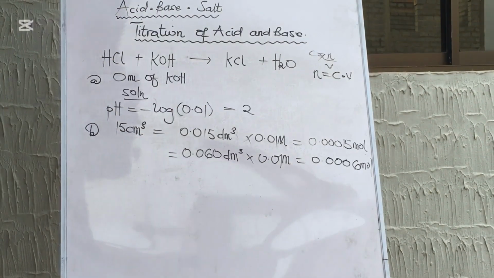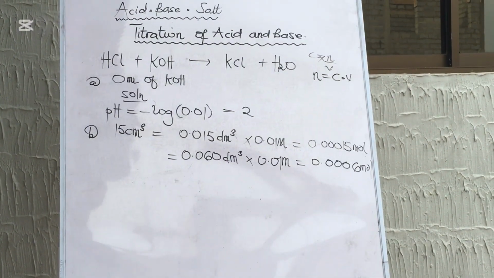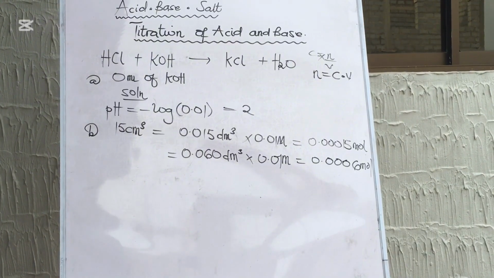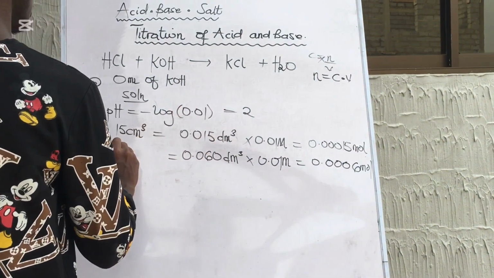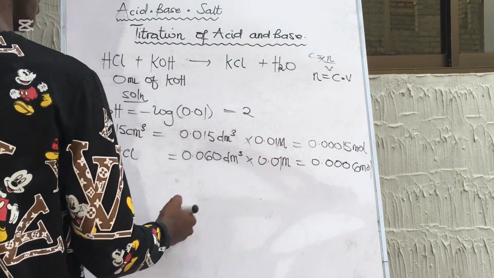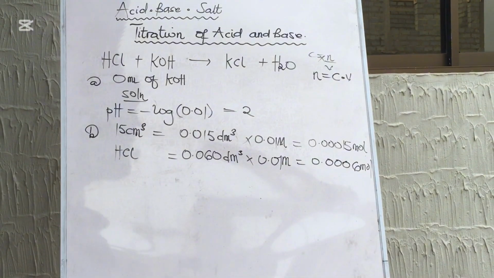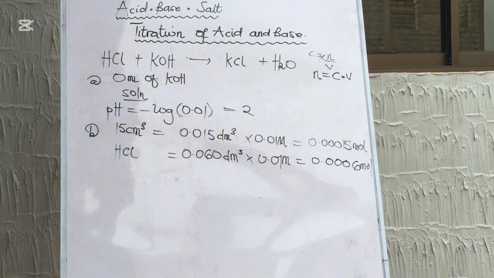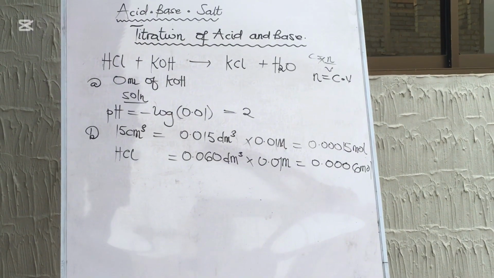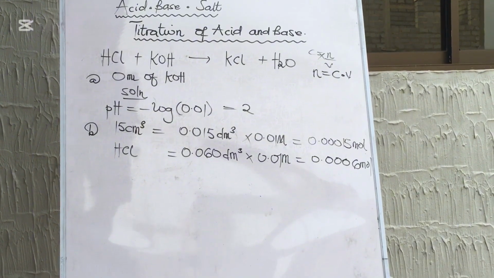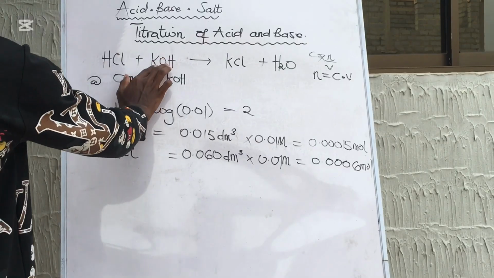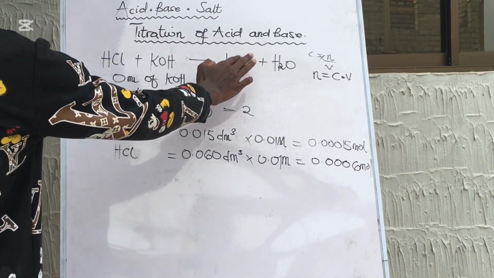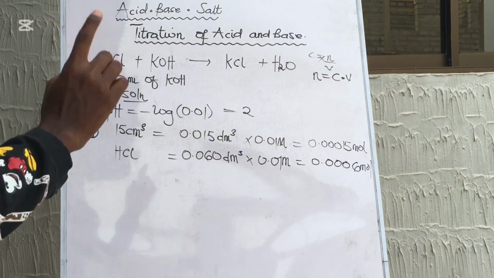So now that we are having the moles, remember that it's from the moles that we can determine the pH. Now, looking at HCl and KOH, this one is for HCl and this one for KOH. The number of moles aren't the same. And look at the reaction. They are all reacting in 1:1 mole ratio. So if they are reacting at 1:1 mole ratio, this means that 1 mole of this will be reacting with 1 mole of this to give you 1 mole of KCl and also 1 mole of H2O.